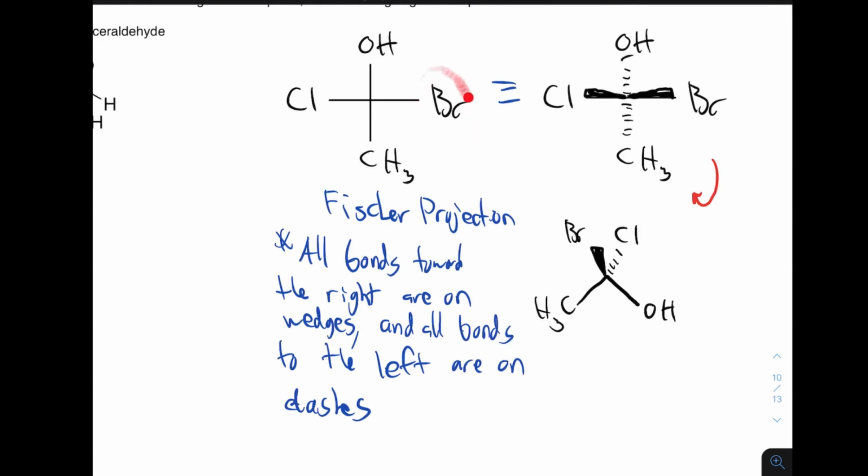Okay, so bromine, it's on the right, so it's on a wedge, because it's pointing towards the right. And chlorine, pointing to the left, is on a dash bond.